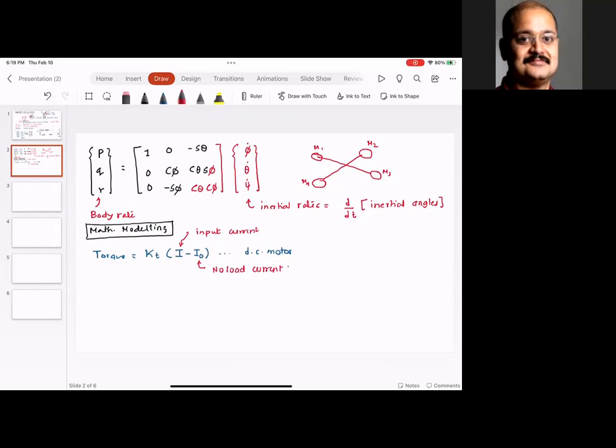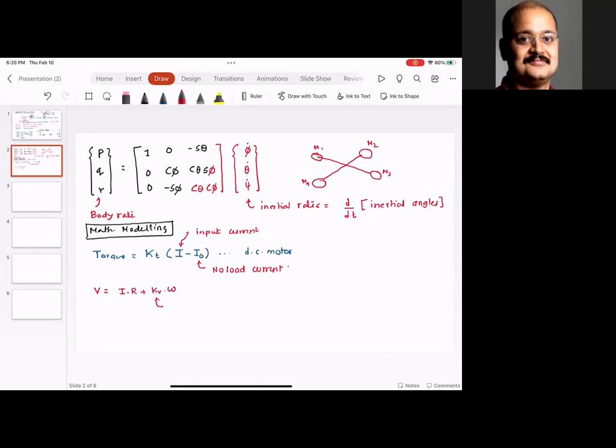Now, if you understand the basic principle of DC motors, you have something called the back EMF. The voltage that is supplied to the motor is the voltage drop across the armature plus kV multiplied by omega, where kV is the constant that relates the back EMF to the angular speed.